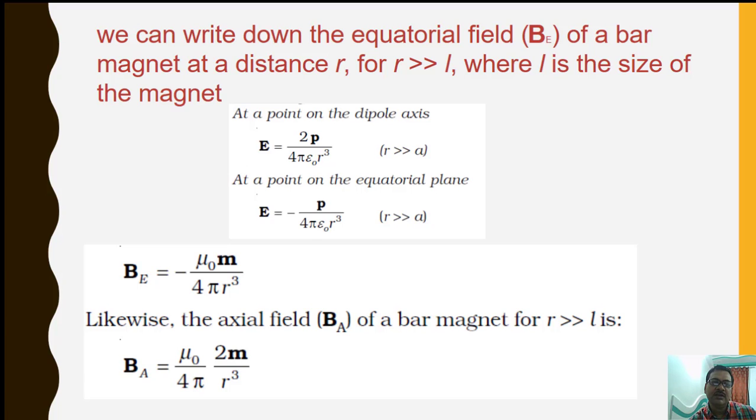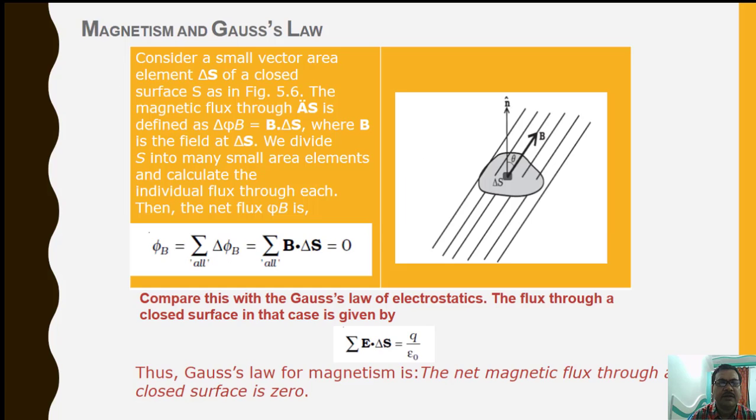In this condition we just substitute the value and we get the magnetic field on the axis and equatorial point due to a bar magnet.